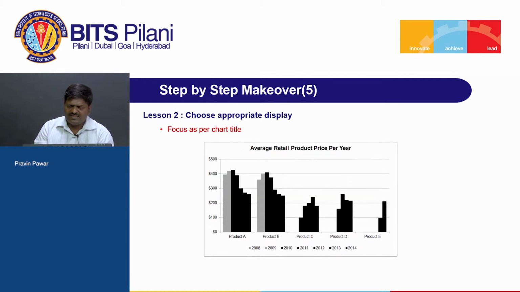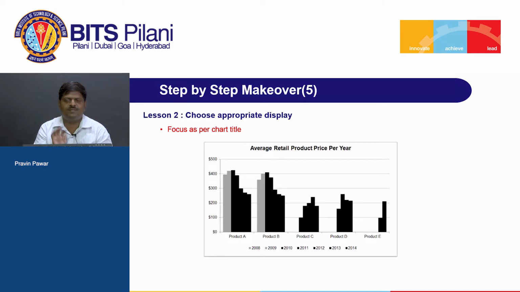Okay, so now let's continue. The title of that first visualization was showing that after 2010 the price of products started decreasing when product C was launched. So out of this 2008 to 2014 data, we are really bothered about the data from 2010 to 2014. Why?